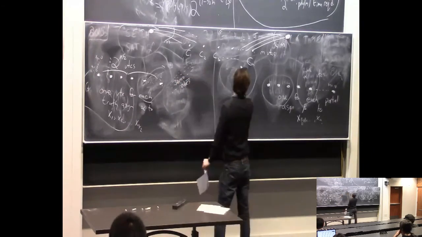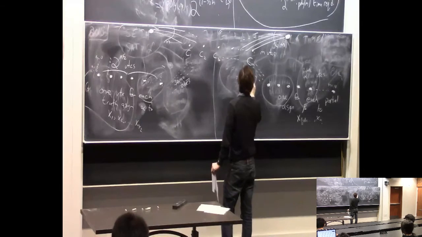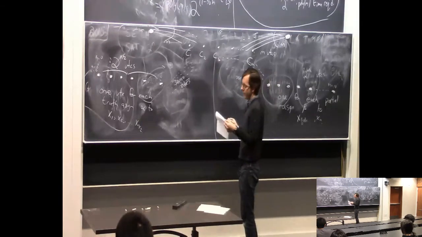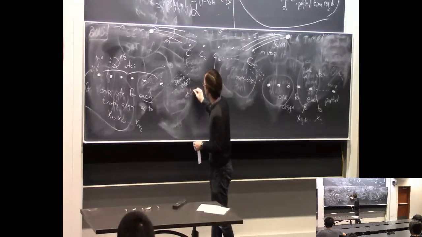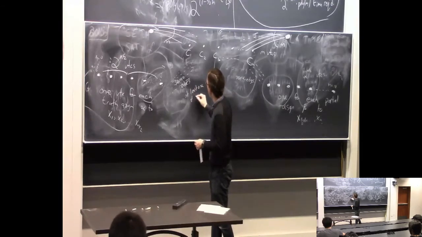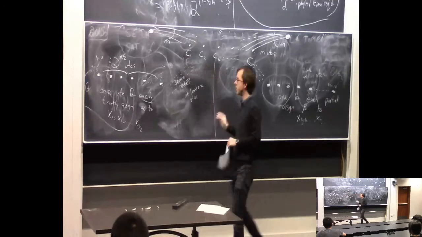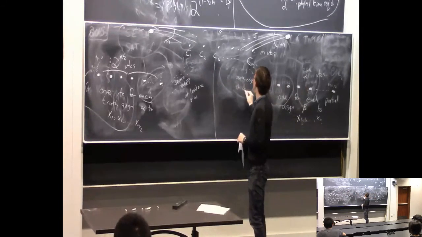And similarly here, there's going to be some edges from these vertices to these vertices. I'll define them later, but there's going to be at least one edge for all alpha. Every vertex here is going to have at least one edge up to here. I'm just going to promise you that. I'll tell you what they are exactly in a second. And similarly here, at least one for all beta.